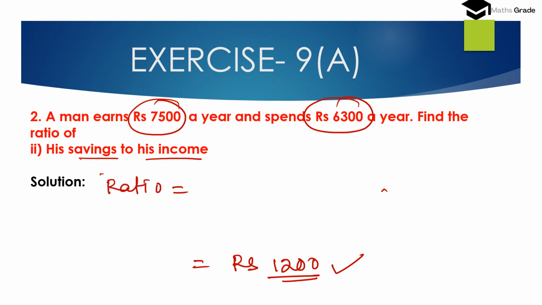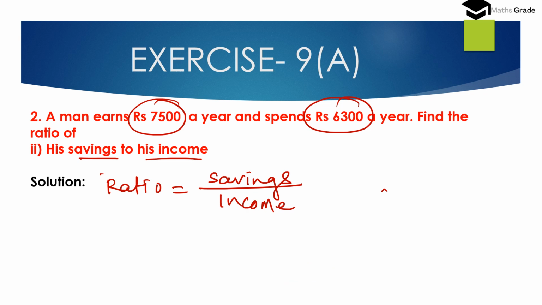Now the ratio of his savings to his income. So the ratio will be savings divided by income. And savings is 1200 rupees.